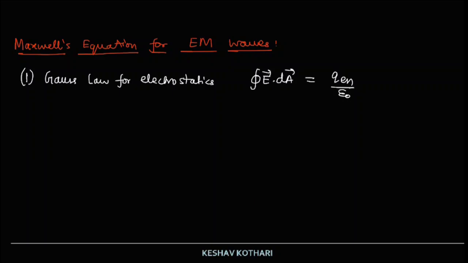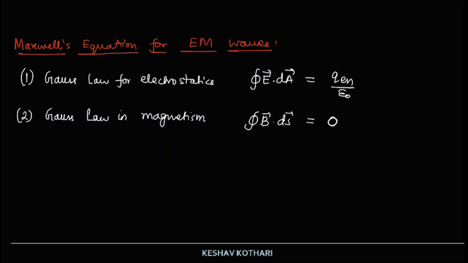The next one is the Gauss law in magnetism, where we write that for any closed region, the cyclic integral of B dot ds is equal to 0, because the magnetic field lines form closed loops.